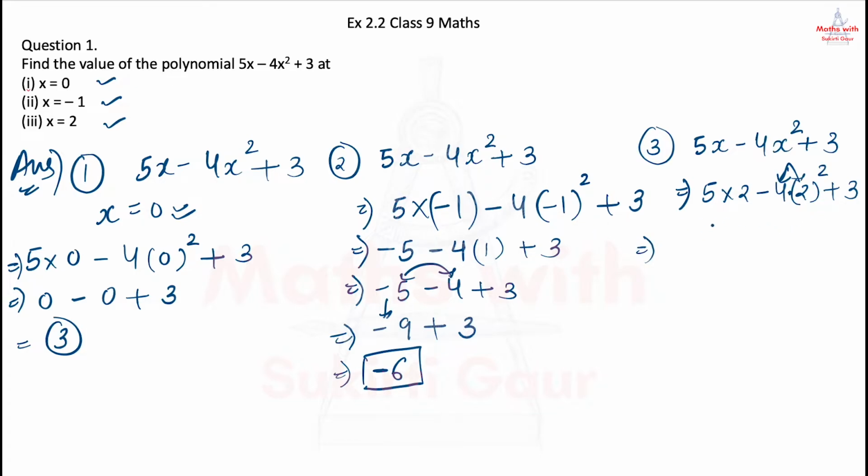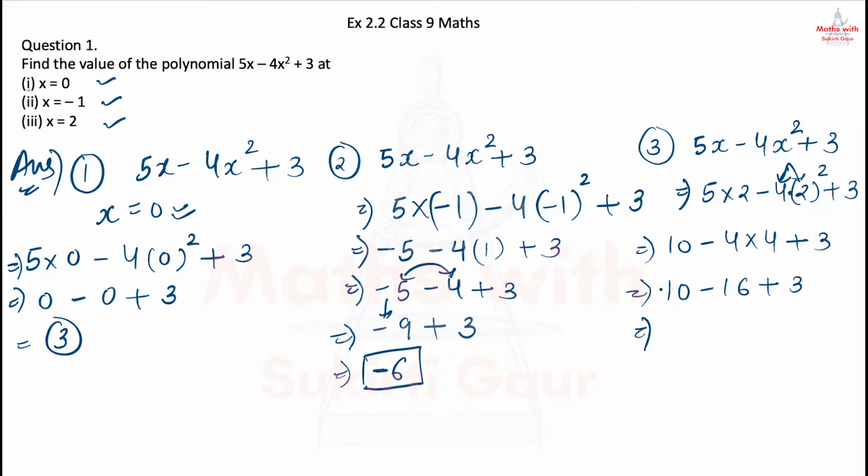Alright? 5 into 2 will give us 10, minus 4 into 2 square, that is 4 again, plus 3. If you are not able to do the questions very quickly, then do write each and every step you require so that you get the correct answer. Do not rush towards the answer or the solution, because you will be getting it wrong. Okay, so 10 minus 4 into 4 will give us 16, plus 3.